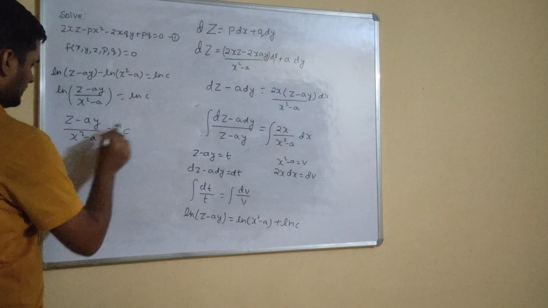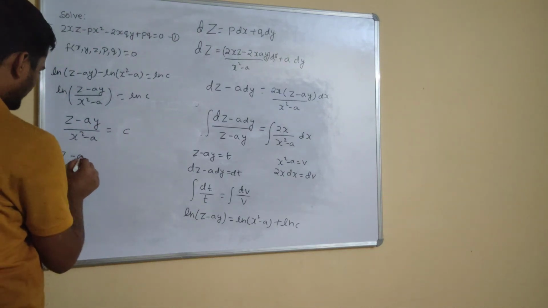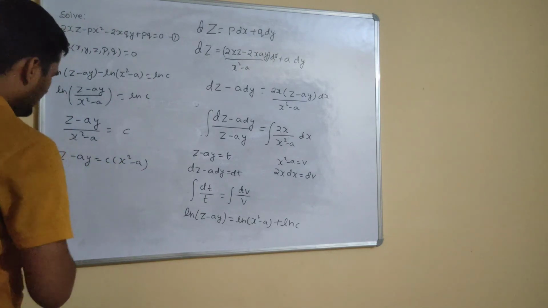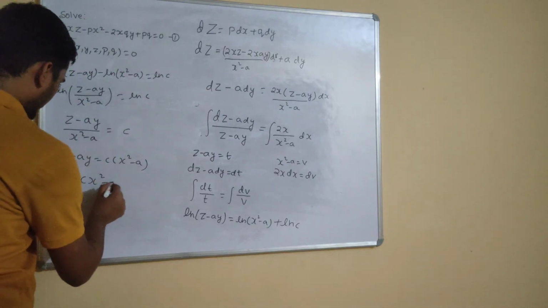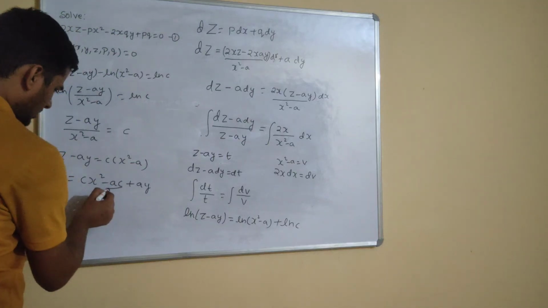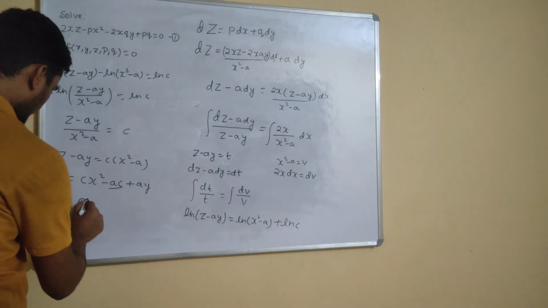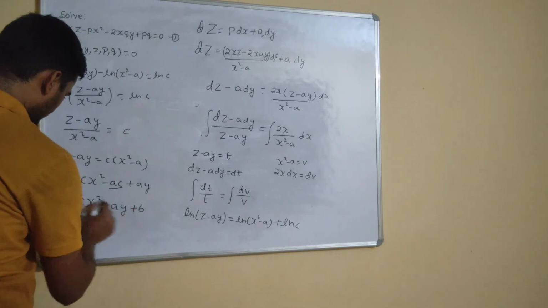So you may leave the answer here only, or z minus ay equals to c times x square minus a. You can do all sort of manipulations. z equals to cx square minus ac plus ay. Because these two are constant, you can collectively write this as another constant b: z equals cx square plus ay plus b.